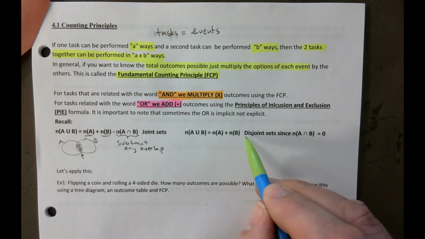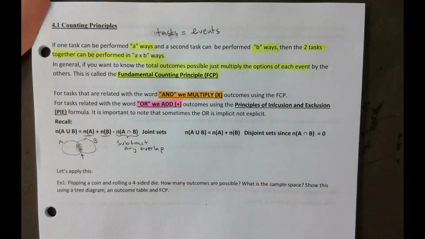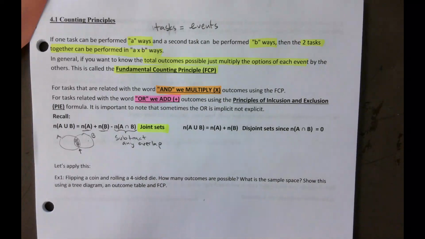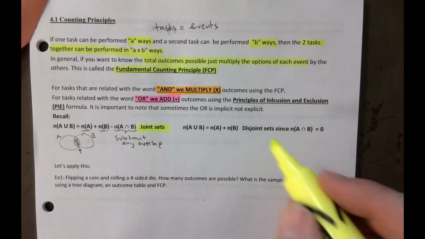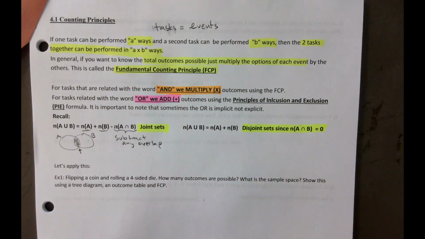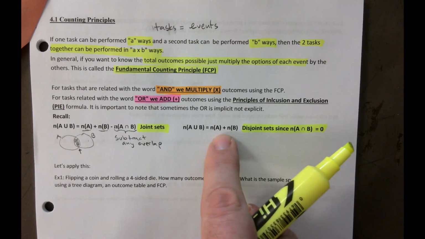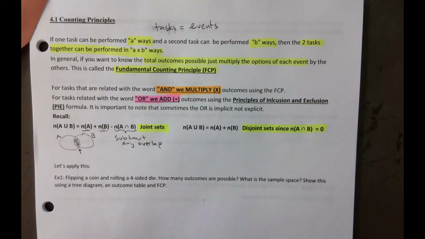If the sets are joint, like rolling a die and a deck of cards, there's a lot of overlap, so we need to watch out for that. If it's disjoint, then the intersection is just 0, so we don't have to worry about it. I just want you to be aware of it. I don't use these formulas a whole lot. I just want you to be aware that that's still coming with us.